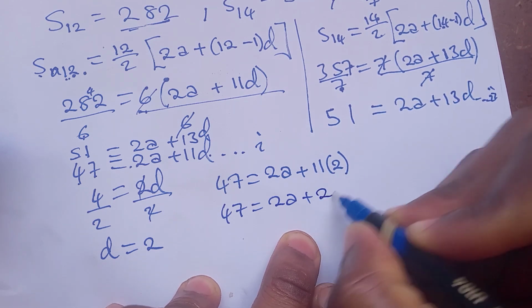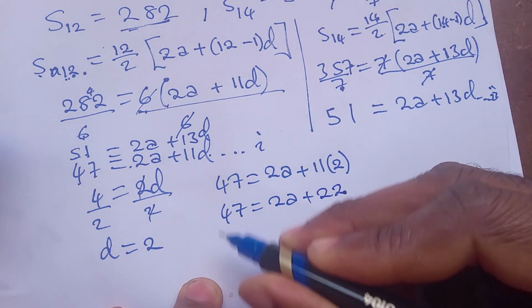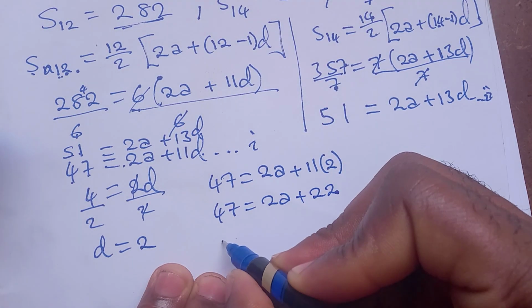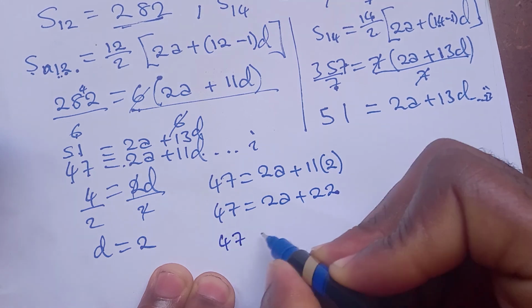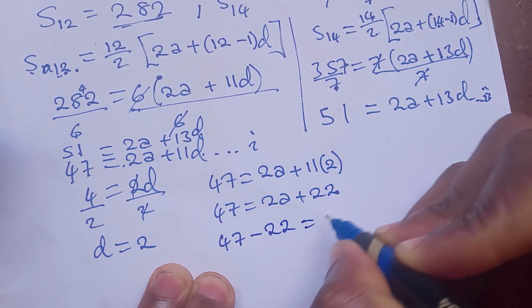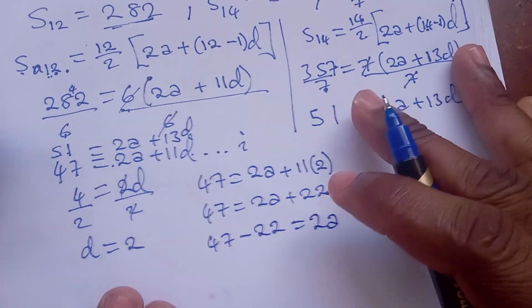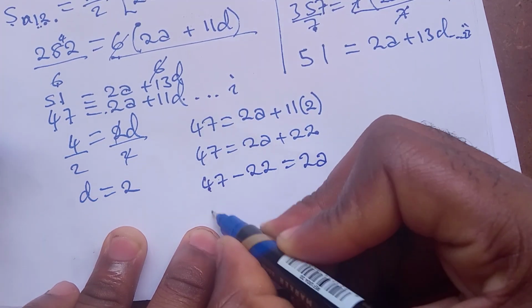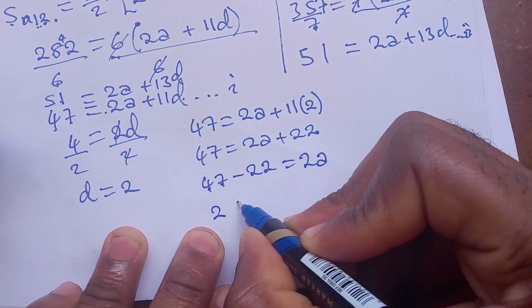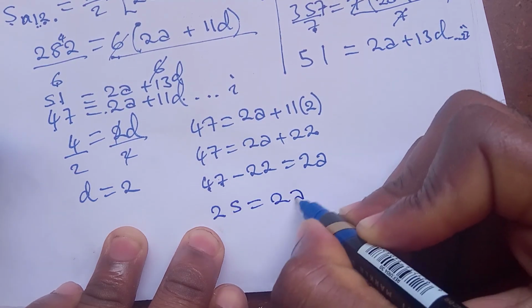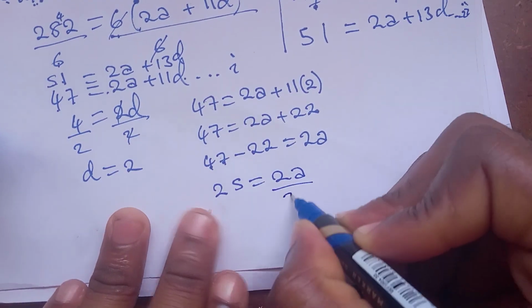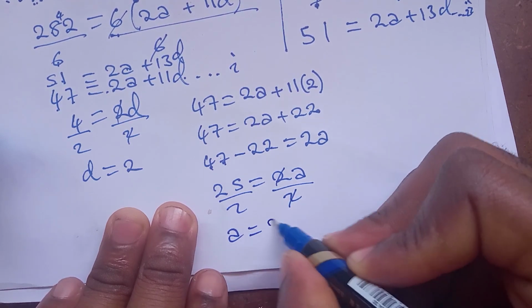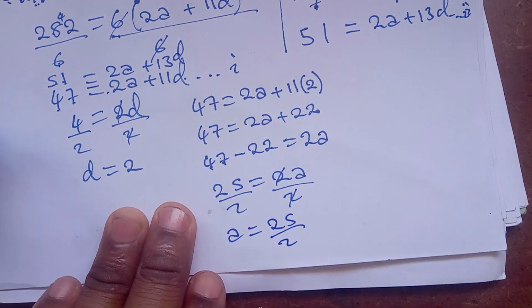So 11 times 2 will be 22, and then you can take this to the other side, and that will be 47 minus 22 is equal to 2a. And then 4 minus 2 will be 2, 7 minus 2 will be 5. Divide both sides by 2, and your a is equal to 25 over 2.